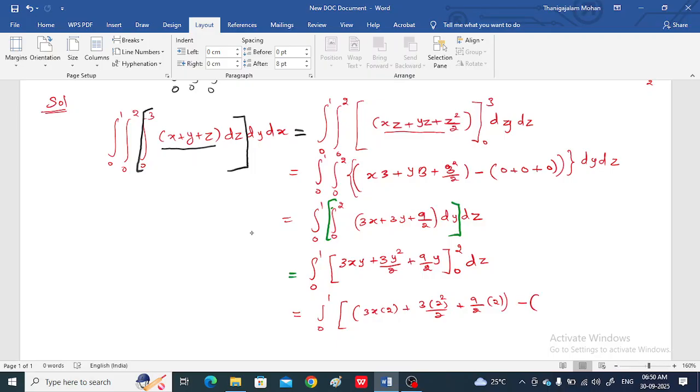Wherever y is present, you need to put 0: 3x into 0 is 0, plus 3y square which is 0, plus 9 by 2 y which is also 0.